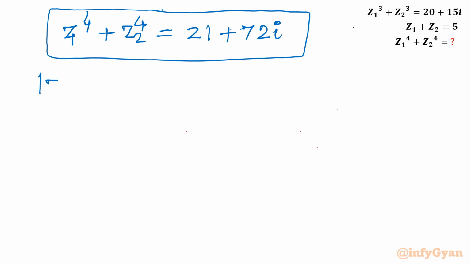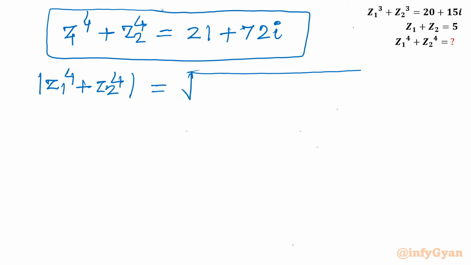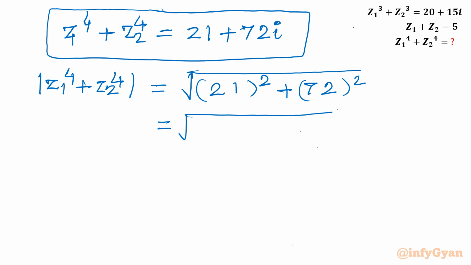Let us calculate its modulus also. So the modulus of z1 power 4 plus z2 power 4 will be equal to the square root of real part square plus imaginary part square. So I will write 21 square plus 72 square. Now 21 square is 441 and 72 square is 5184.